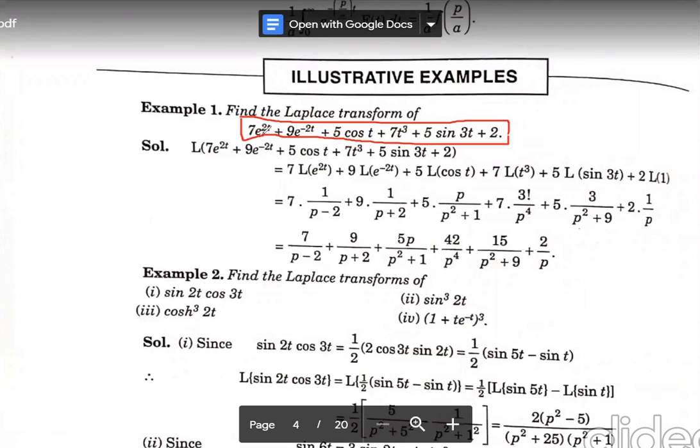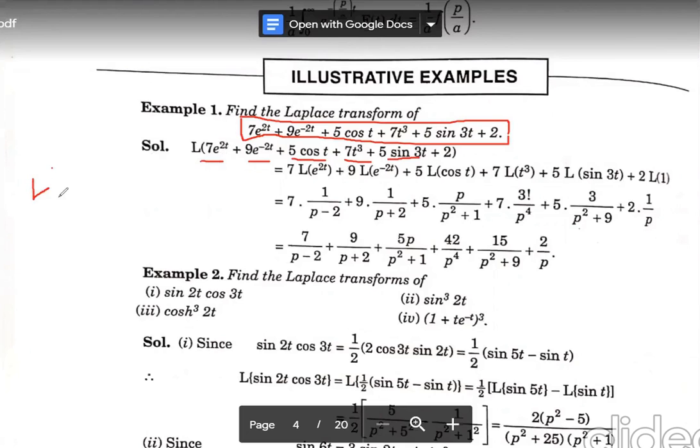Then use the property of linear combination. Because all terms are related with a plus sign, in order to find the Laplace transform of the whole function, you simply find the Laplace transform of each term separately. So this is the linear combination property.